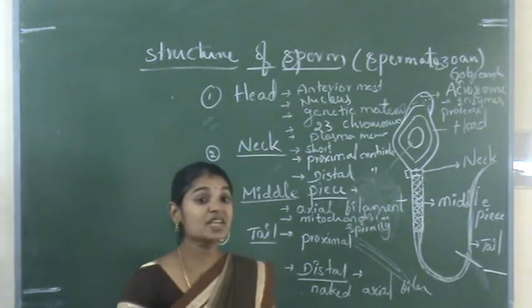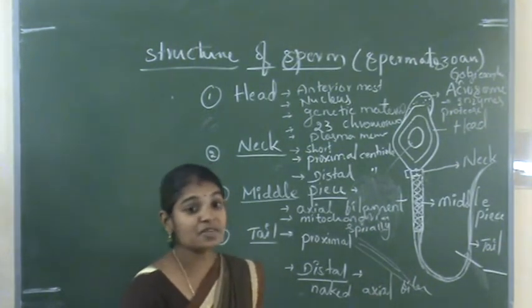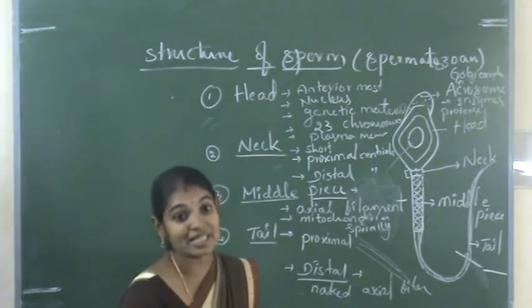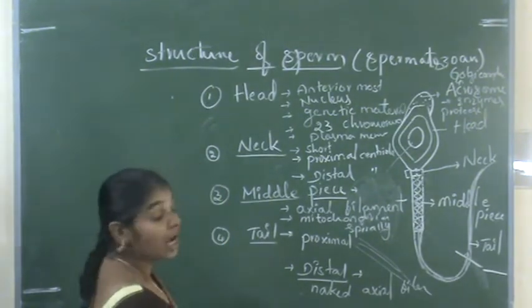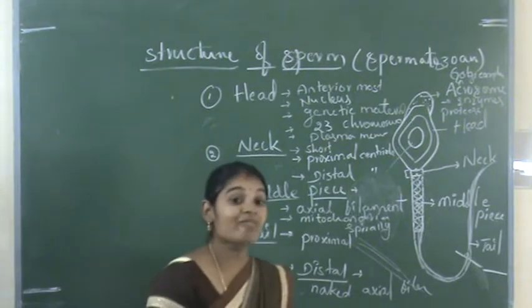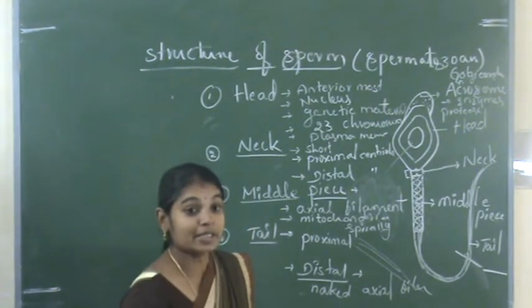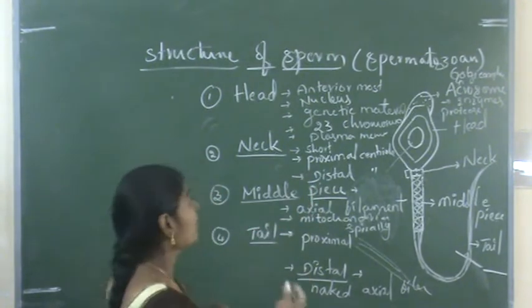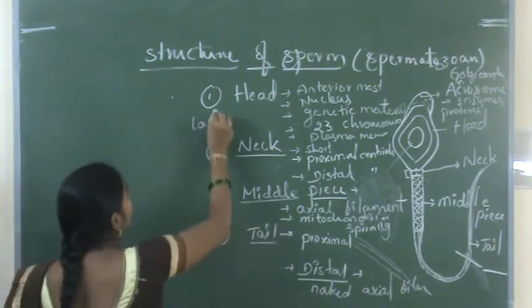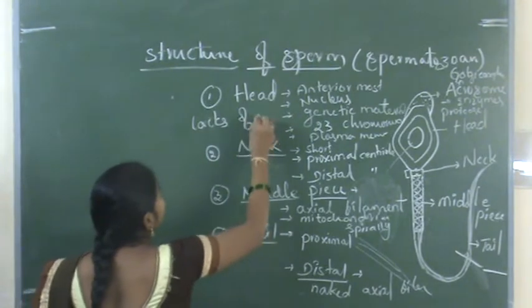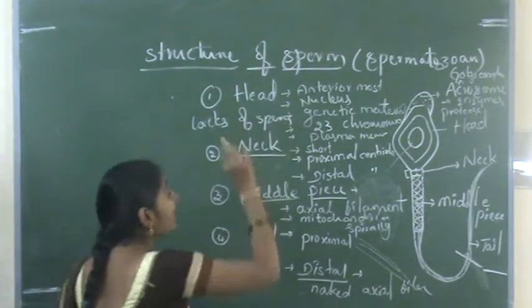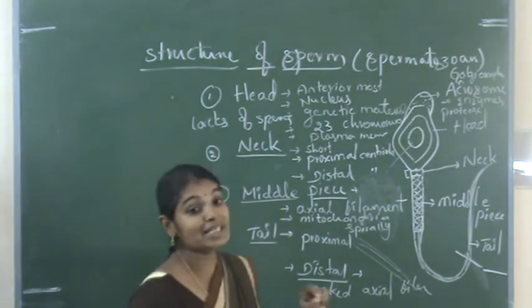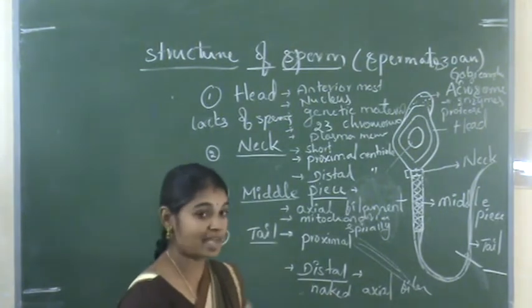During ejaculation, some lakhs of sperms enter the female genital tract through the semen.